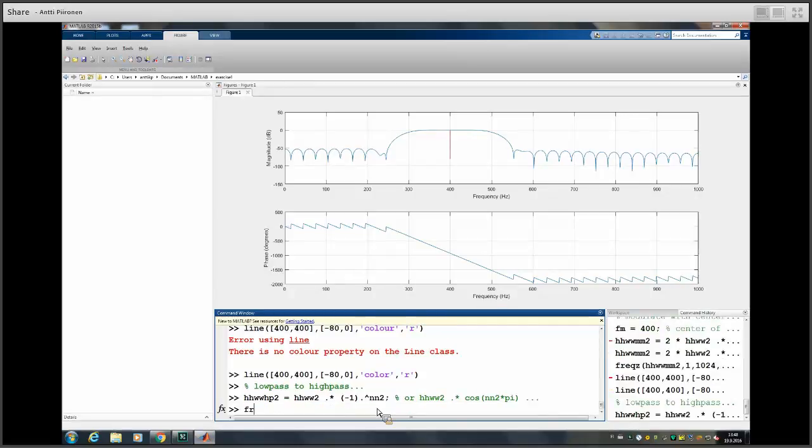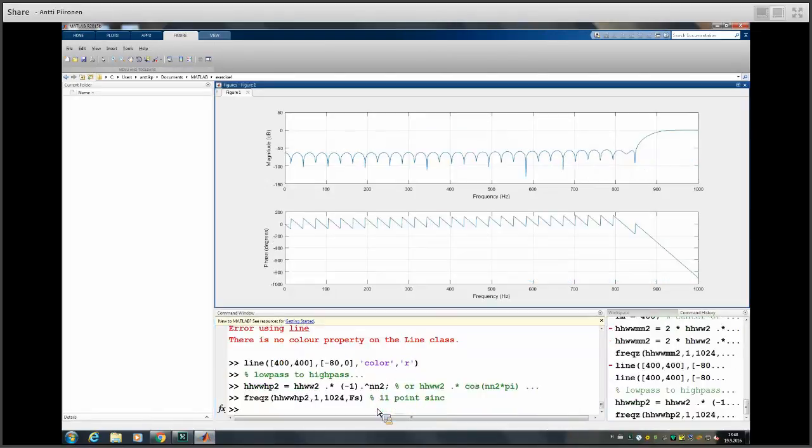And again, seeing the high pass, there we go. We started from low pass filter and modulated it basically into a high pass filter. And this one has exactly the same bandwidth as the low pass filter.